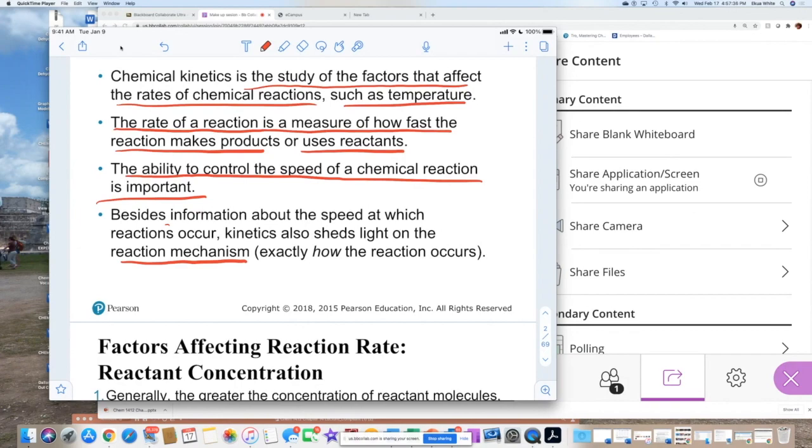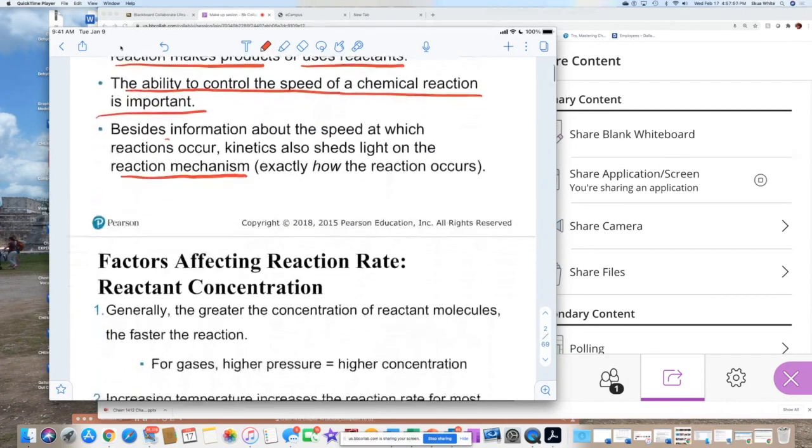So even though we think reactions occur in one step, we will learn that the reality is even the quote unquote one step reactions occur in many steps. So as we look at those many step reactions, the reaction mechanism, we can see which part to tweak to influence the overall rate of the reaction. So hopefully you get the gist of it. We are trying to make the reaction go faster. For the most part, our goal is speed, right?